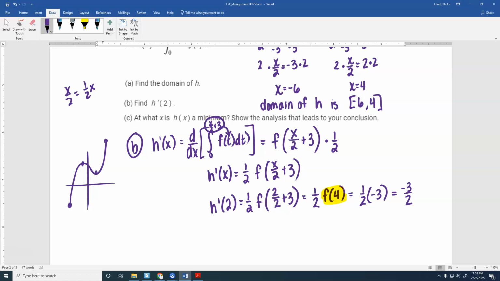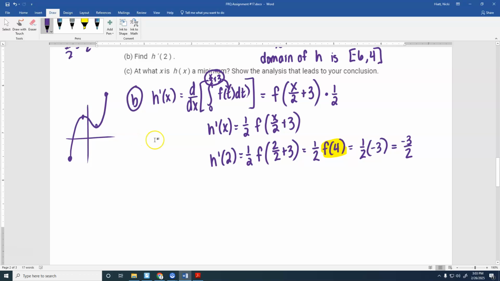When we're talking about minimums, we're thinking about the derivative switching from negative to positive, but it could also be the endpoints. So in this case, our derivative h prime of x is 1/2 f of (x over 2 plus 3).